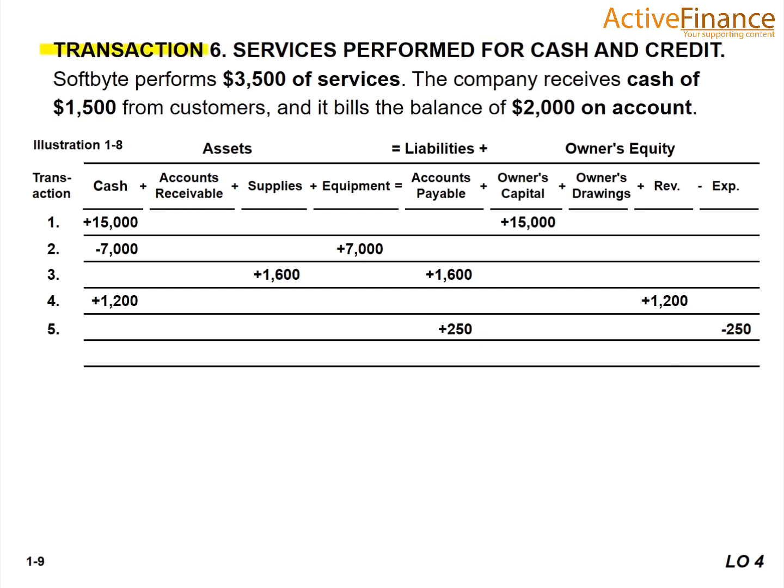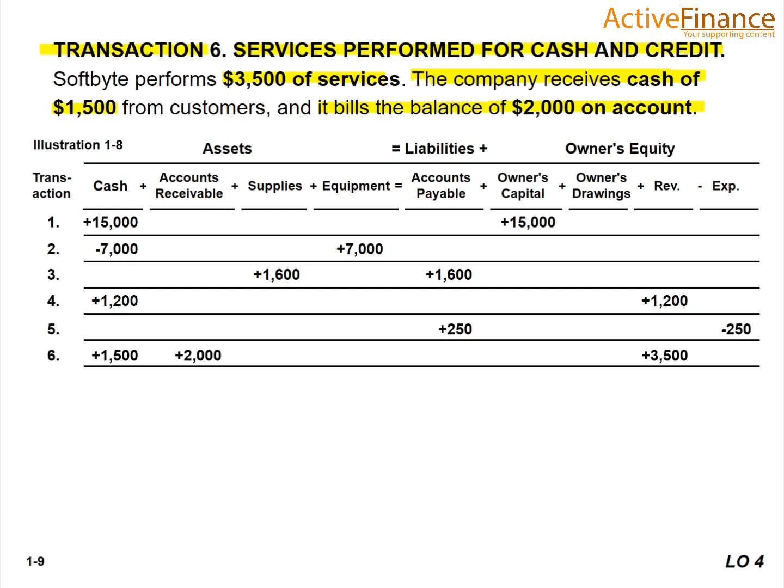Transaction 6th, services performed for cash and credit. We have performed services on cash and also on credit. SoftBite performs $3,500 of services. The company receives cash. We have received the cash of $1,500 from the customer, and bills the balance of $2,000 on account.